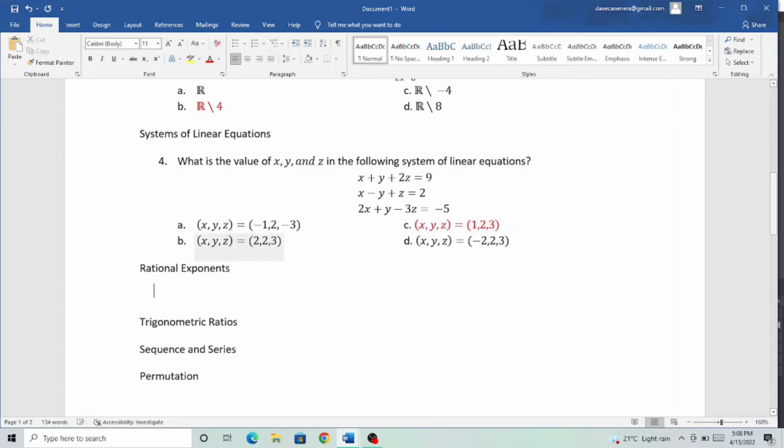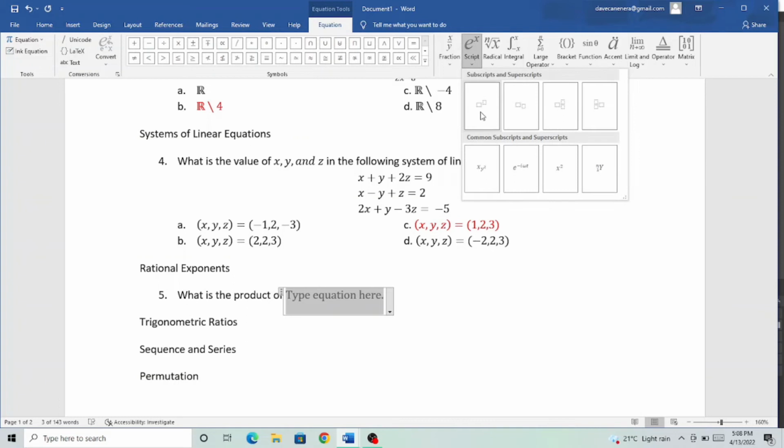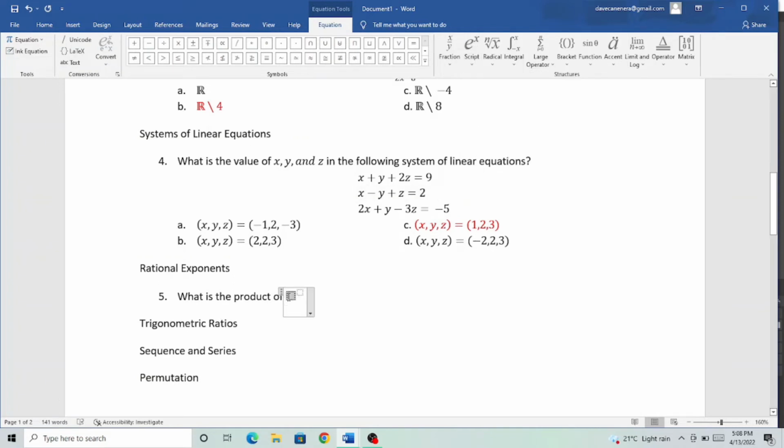Moving on to the rational exponents. Let's say we want to find the product of two radical expressions. What is the product of, so when we say radical, we will use this first, and then insert the radical.